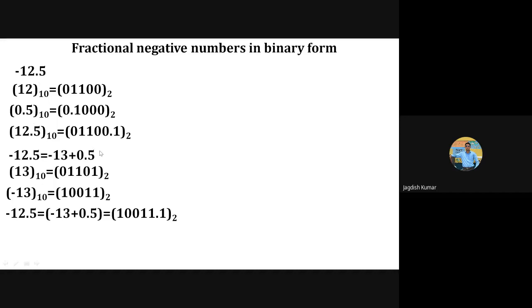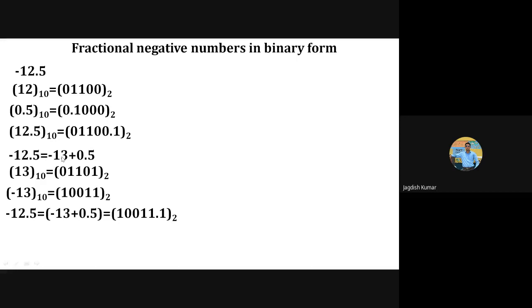Why not something else, like minus 14 plus 1.5? The basic thing is that I have to first look at the integer next to it. So it is minus 12. Then what will be the next integer? Minus 13.